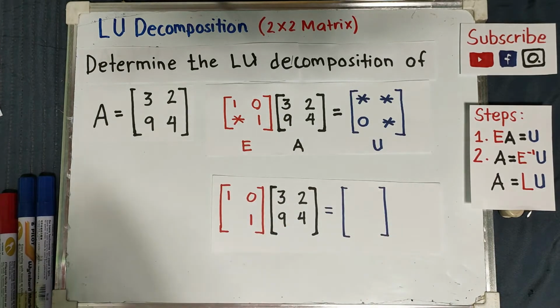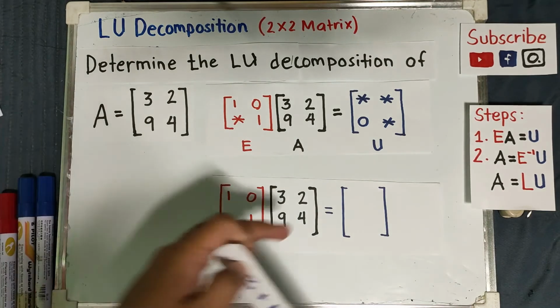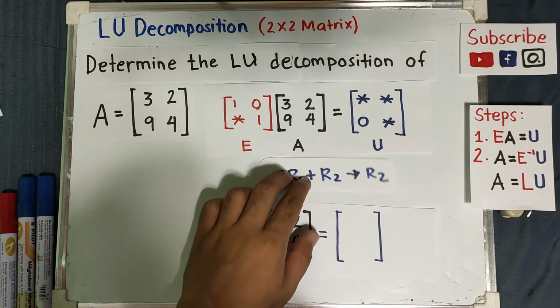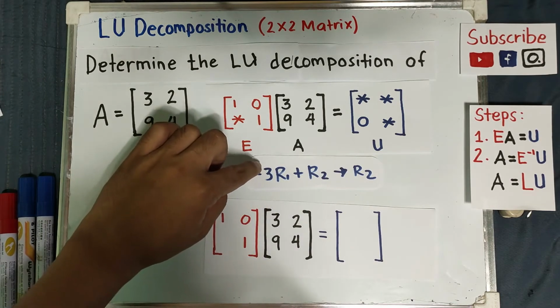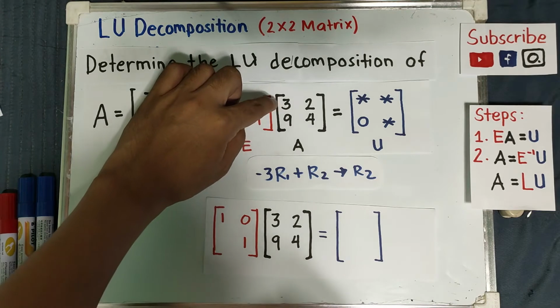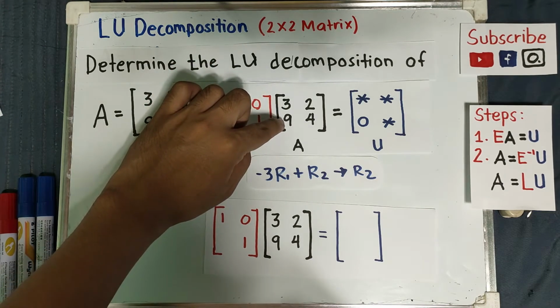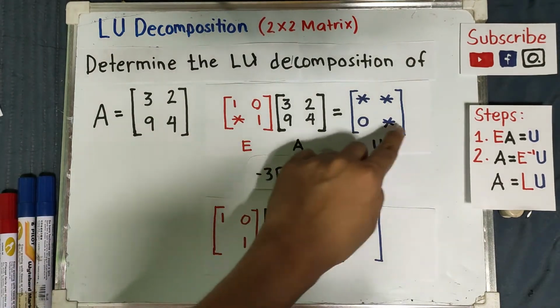So I think what we multiply by row 1 is negative 3, right? So we will multiply negative 3 by row 1 and add it to our row 2 to get our values here in row 2.